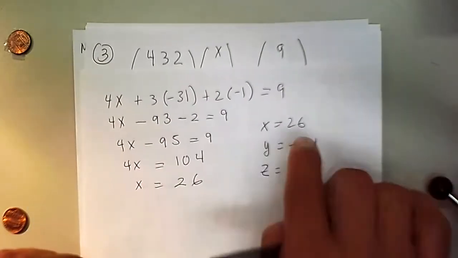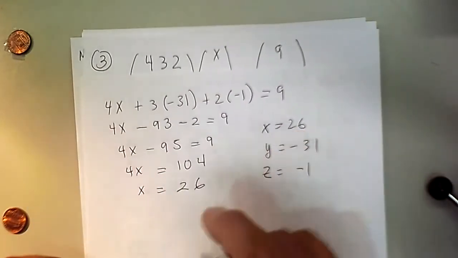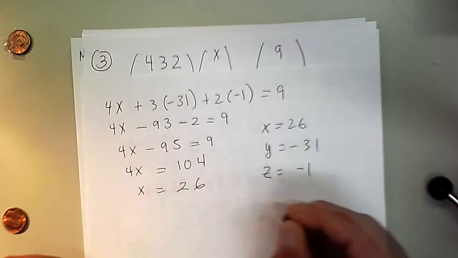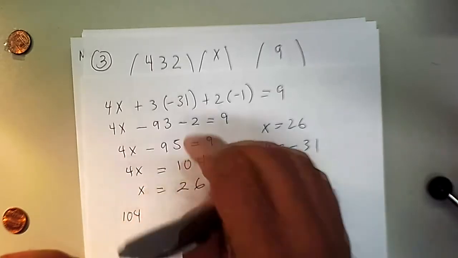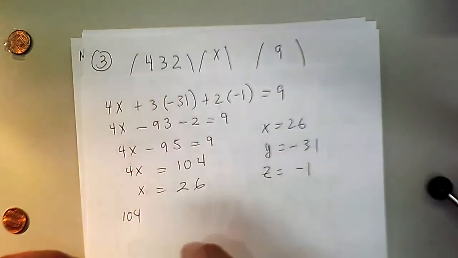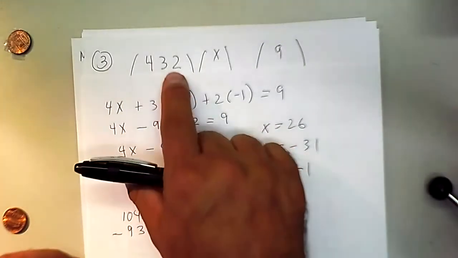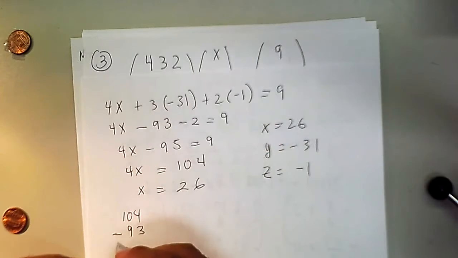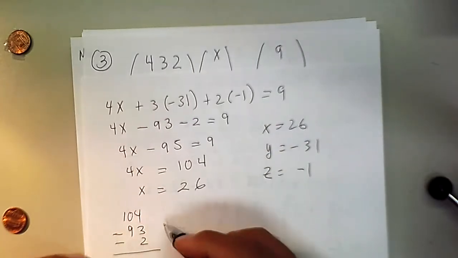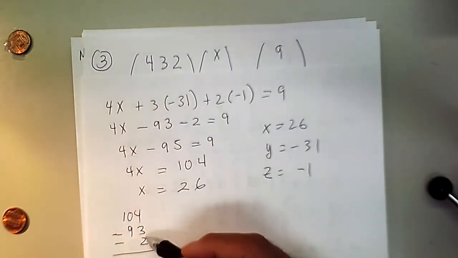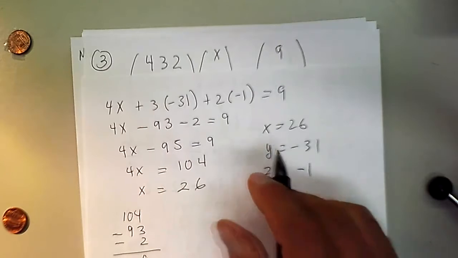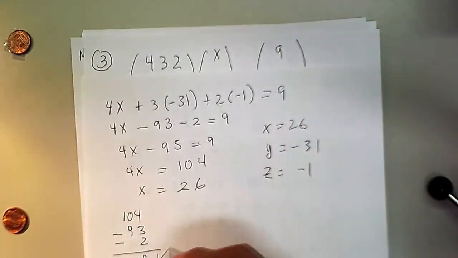So 4 of those is 104. 3 of those added together is going to be -93, and 2 of those is -2. So I want to make sure 95, sure enough, that's 9. So the first equation checks.